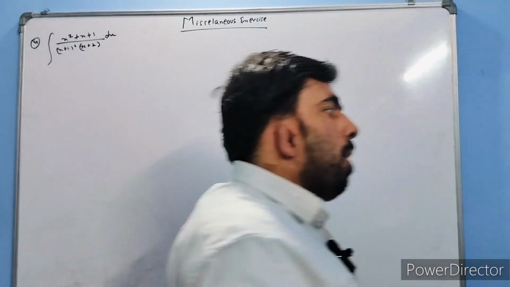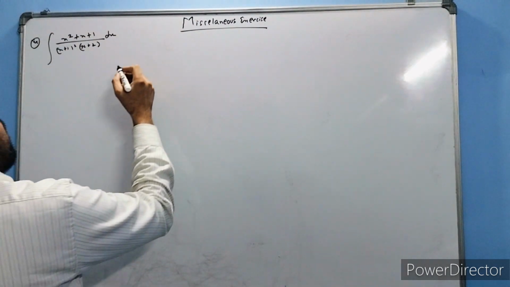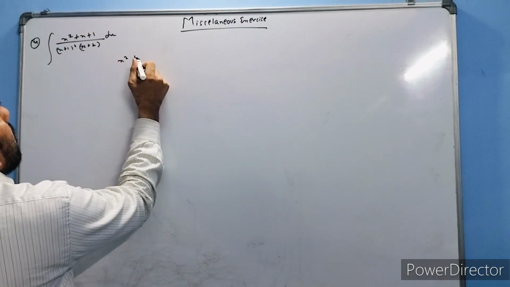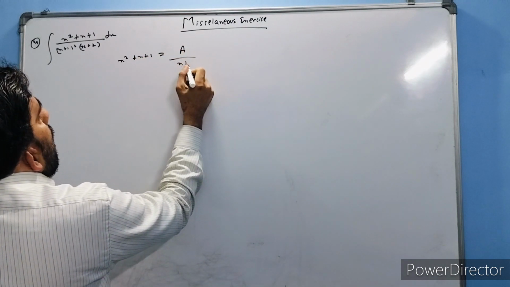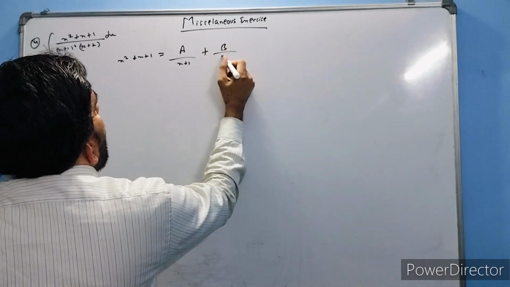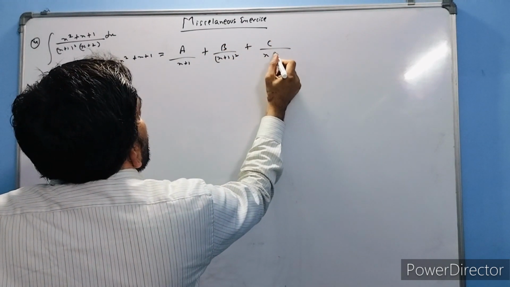So this numerical will be solved by using partial fractions. We can write it like this: a upon x plus 1 plus b upon x plus 1 whole square plus c upon x plus 2.